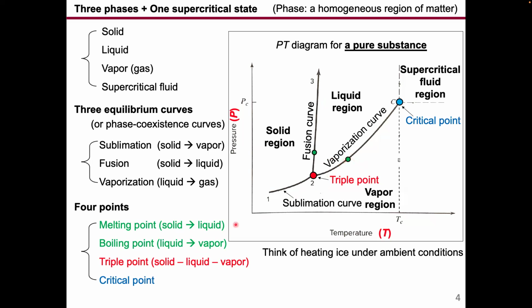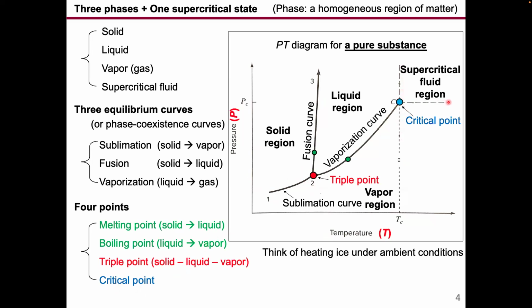So this is the boiling point. And then we also have a triple point, where solid, liquid, and vapor coexist at one particular temperature and pressure. Okay, and then finally there is the critical point.